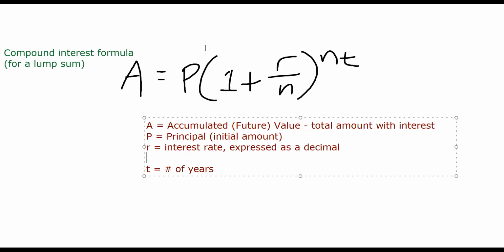Our formula is just different now for compound interest. But there's one more variable in here, and that's N, and that's going to be the number of compounding periods per year. And I'll explain what that is in just a second. I'll give you a second to write that all down.